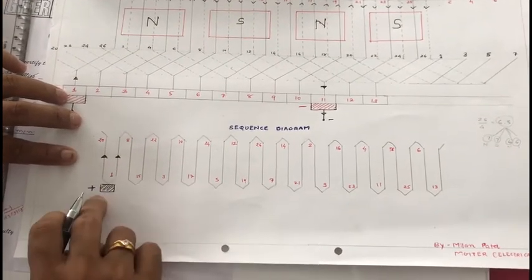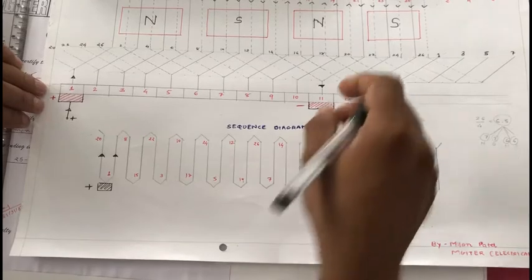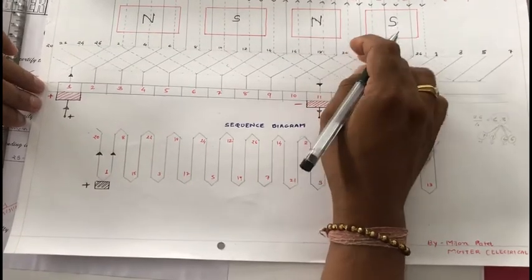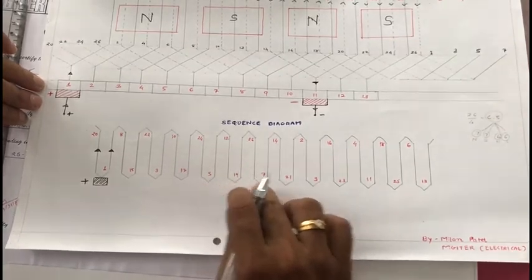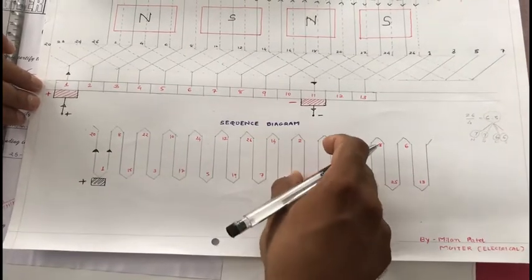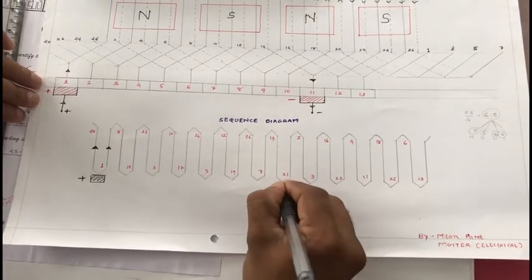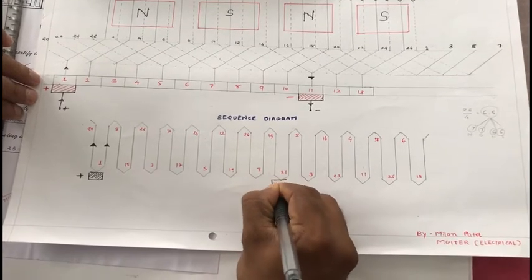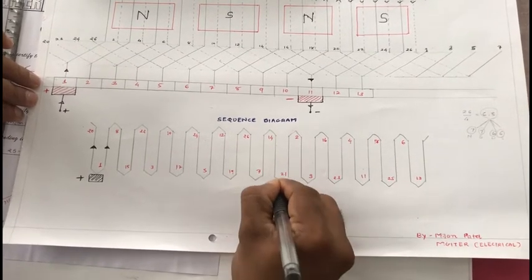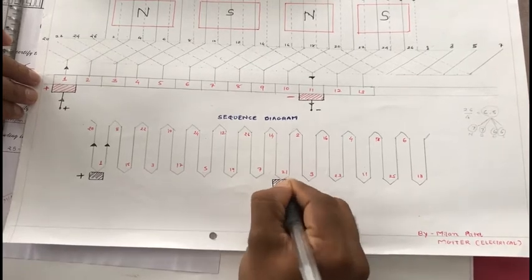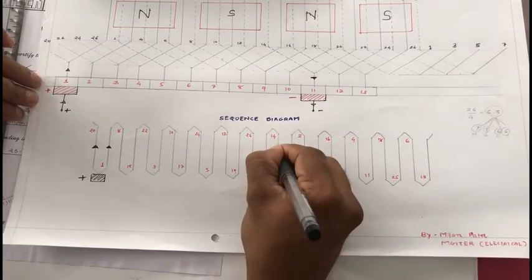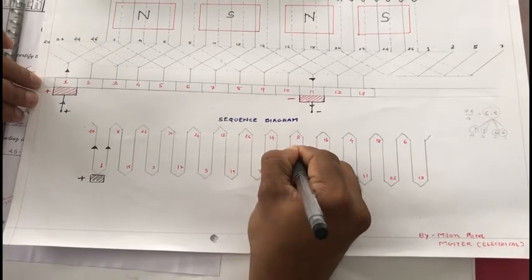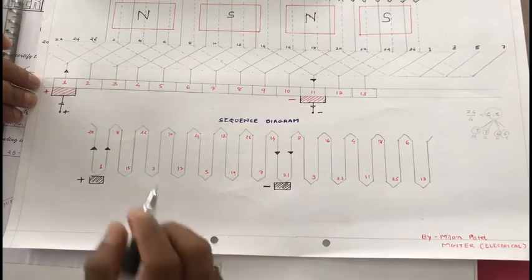Both are upward because this is the positive brush. Now the negative brush is at conductor numbers 21 and 14. This is the negative brush, so the current direction is downward for it.